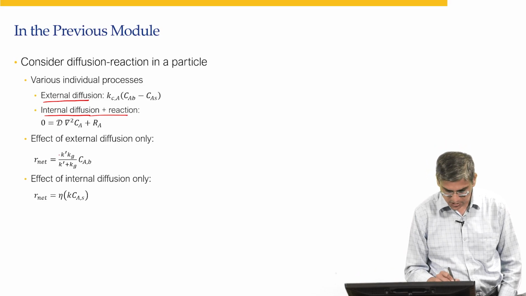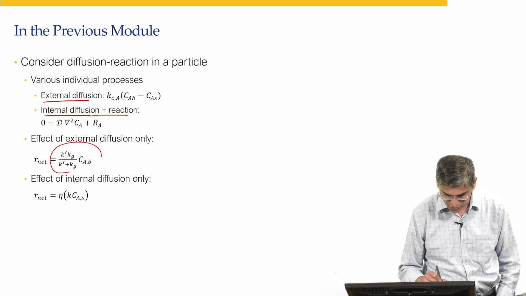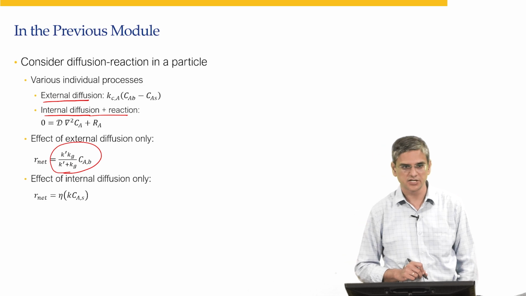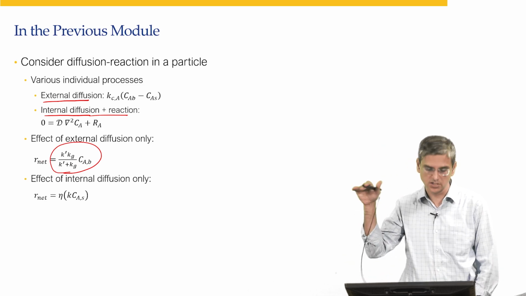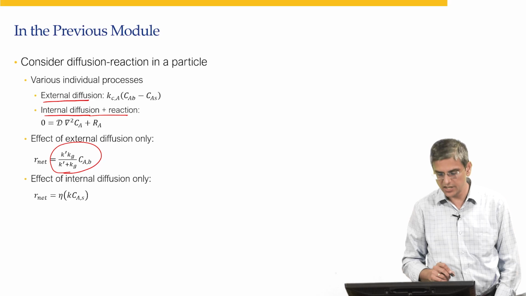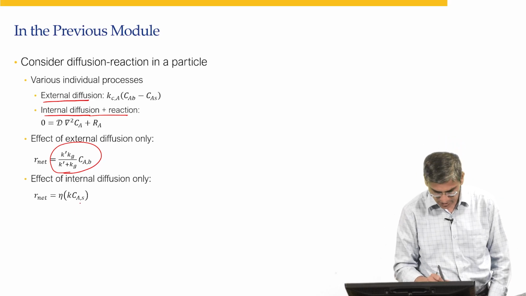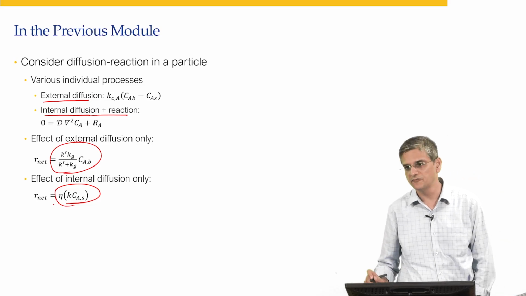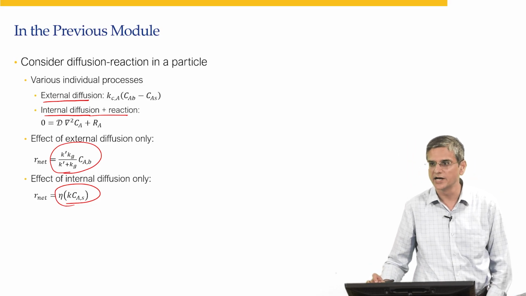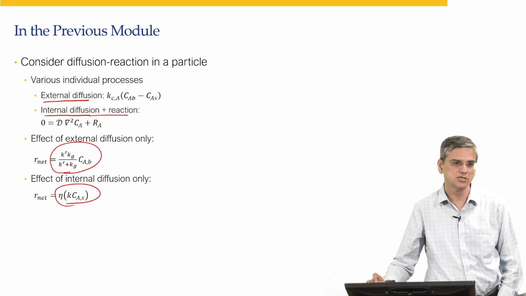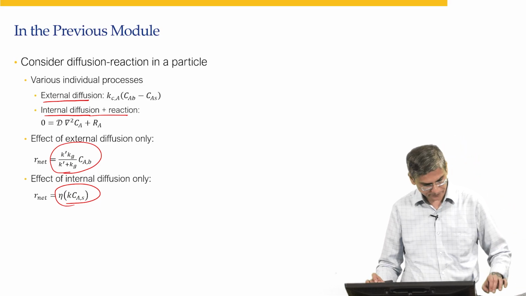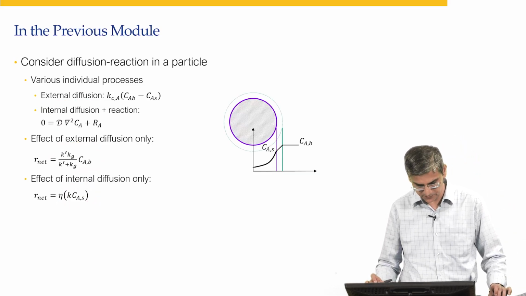When it came to external diffusion only, we got an expression of this type for a first order reaction taking place on the surface. If we had internal diffusion, then we obtained R net as some function of R internal, and that function is expressed through the effectiveness factor eta. That is what we had done in the previous module.